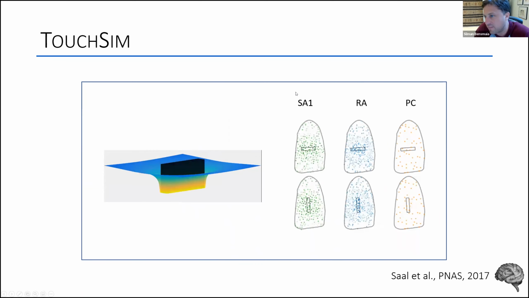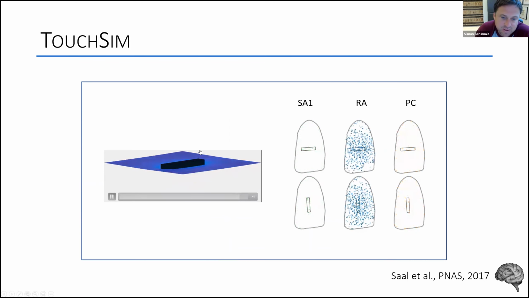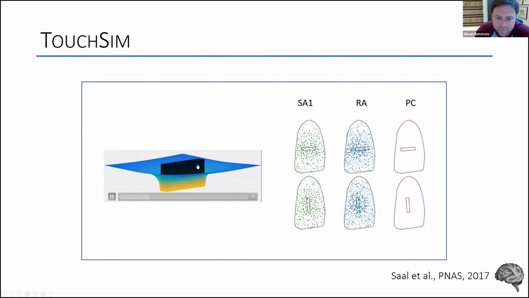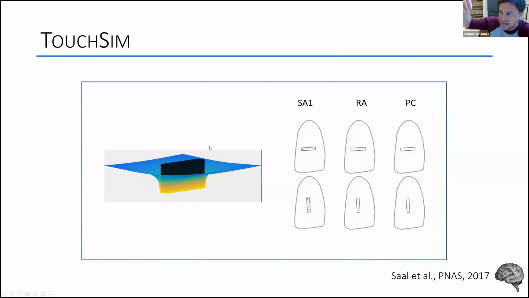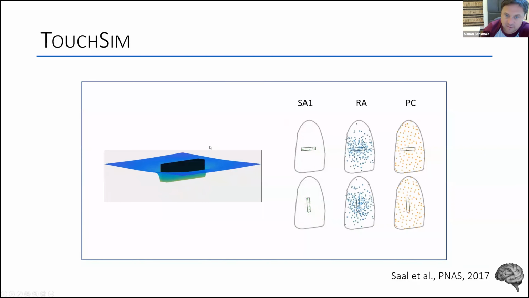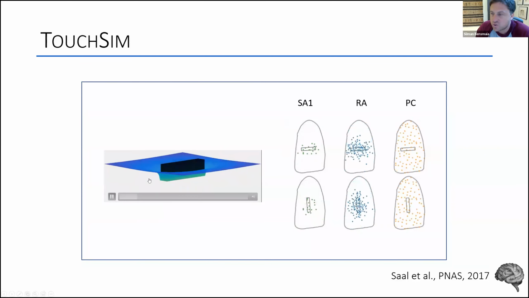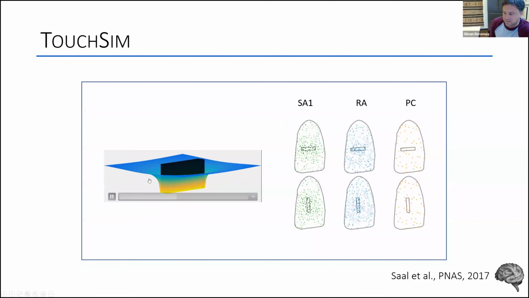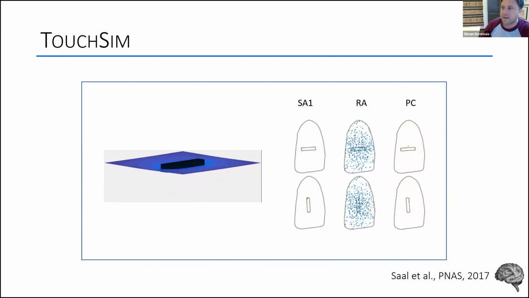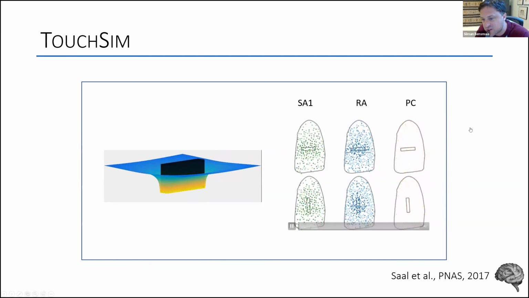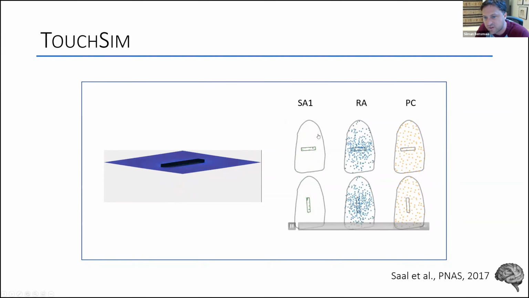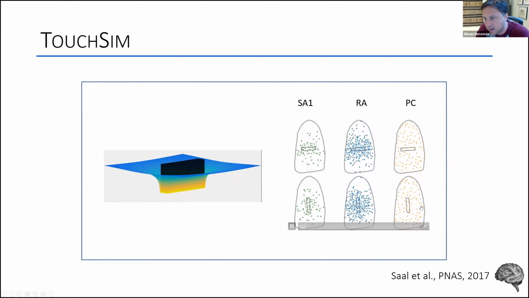This is just to show you what the model looks like. Here, the user of the model specifies an edge indented into the skin. This surface shows you how the skin would deform in response to that edge. And then this is the response of the fingertip to two edges at two different orientations for the three different nerve fiber types.